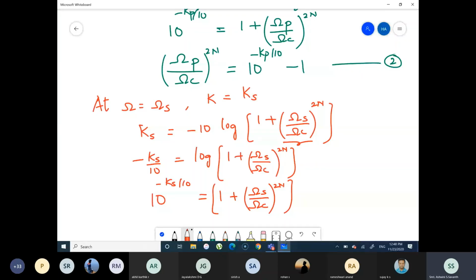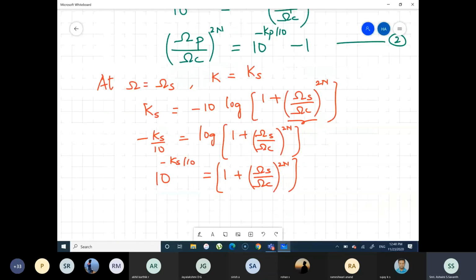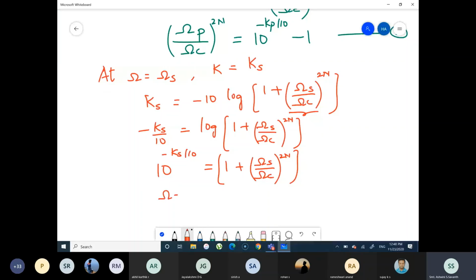Simplifying that further, it is omega s by omega c to the power 2n equals 10 to the power minus ks by 10 minus 1. So this is equation 3.